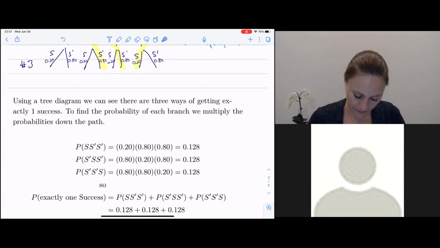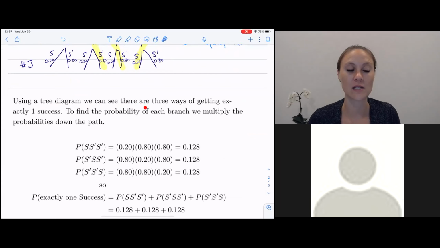So using a tree diagram, we can see that there are 3 ways of getting exactly one success, and that's what we saw. To find the probability of each branch, we multiply the probabilities down the path, right? And so here I've listed them, all the probabilities, and of course they're going to have the same probability because nothing's changing. You're multiplying A times B times C is the same as C times B times A, right?